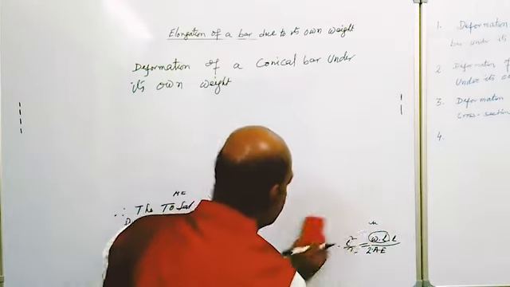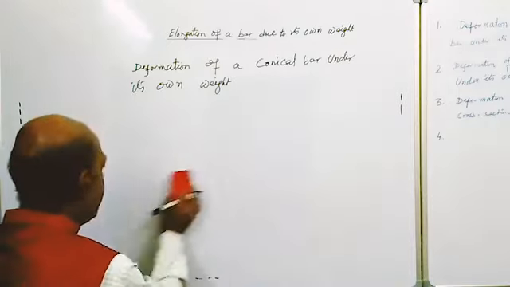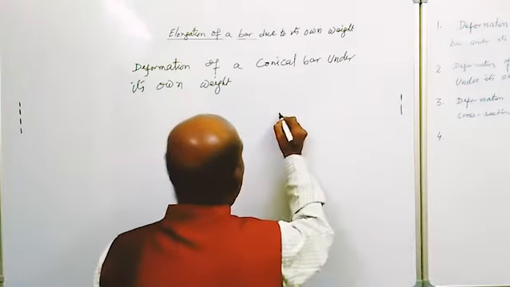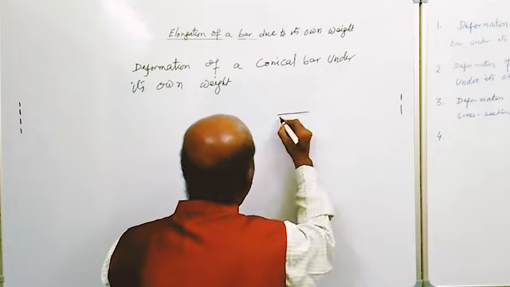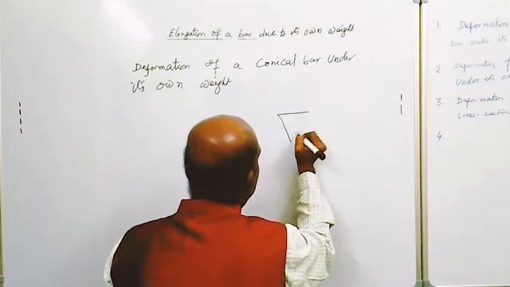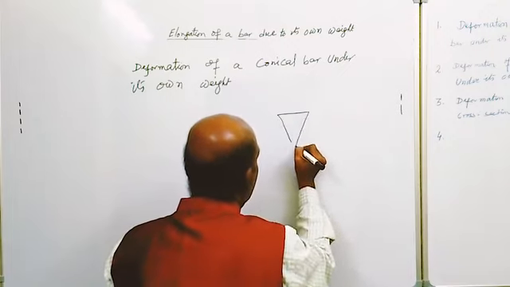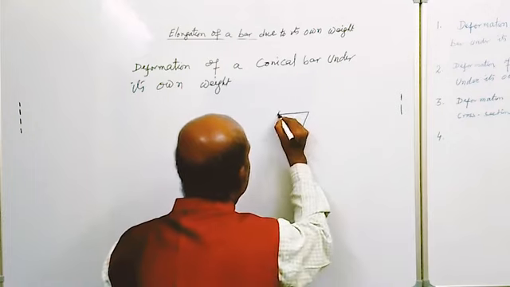So this is the second case. So say a conical bar is hanging freely from the top. Say this is the conical bar hanging freely from the top.